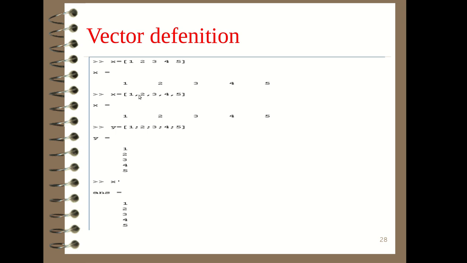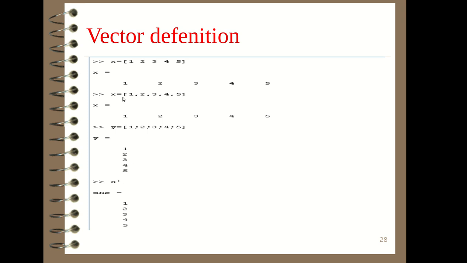If you put a comma, it's the same, but I think in the new version there is no comma. If you write a semicolon, then you will have a column vector like this. The answer is like this, which is the same as if you take the transpose with the quotation mark.